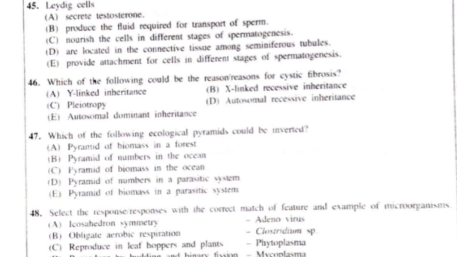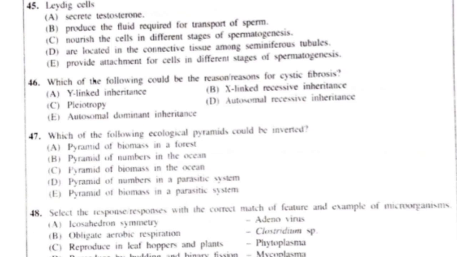Question number 46 is about cystic fibrosis. Cystic fibrosis is due to pleiotropy and it is an autosomal recessive inheritance. So C and D, answer number 4. Cystic fibrosis is a condition where the mucus produced in the body is stickier and thicker than normal, due to a mutation of one gene.